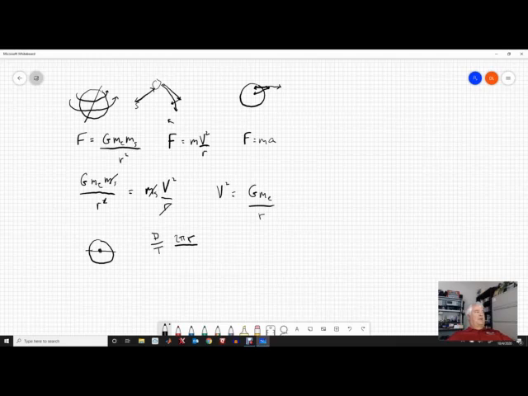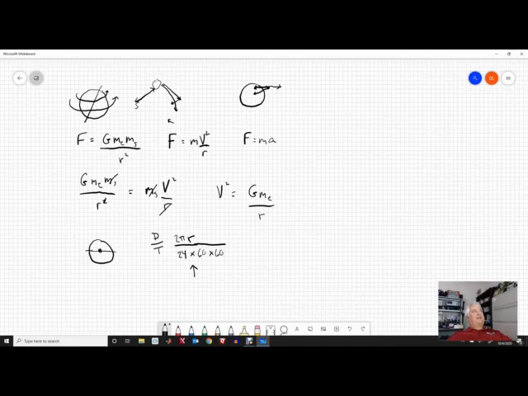Keeping the units consistent, we need the units to be in seconds, so we're going to say 24 hours times 60 minutes in an hour times 60 seconds. Okay, so that's the velocity that we're going to need to have for a geostationary orbit satellite.